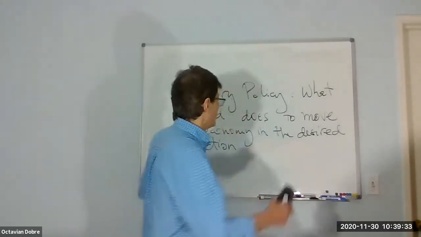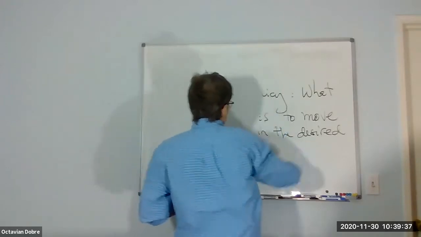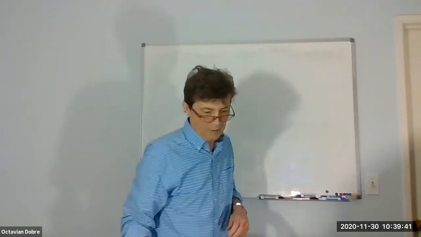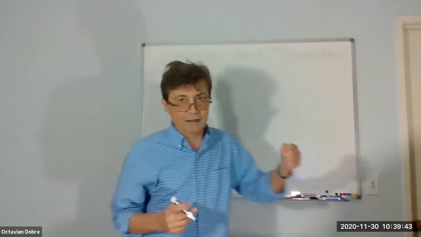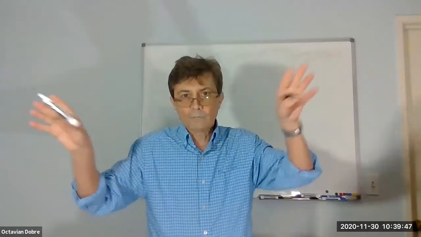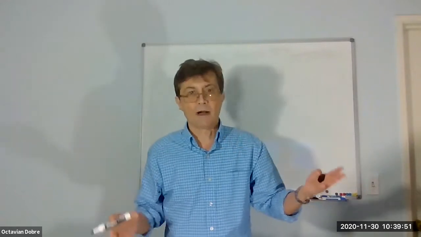Okay, so absolutely. So let's talk a little bit about the tools that the Fed has available to pursue monetary policy. And obviously, monetary policy can have only two branches, if you will. Two ways of going about it.